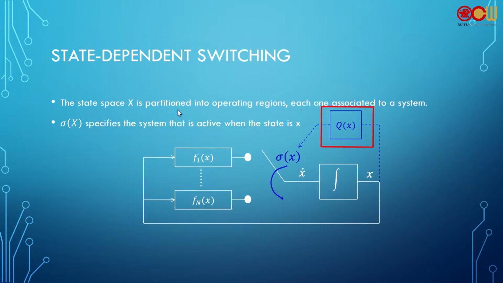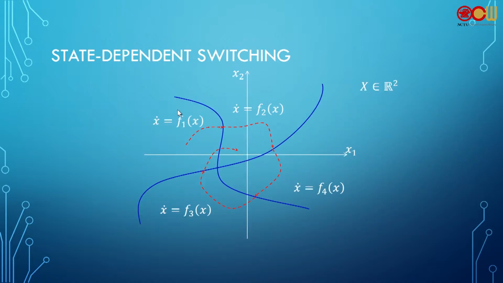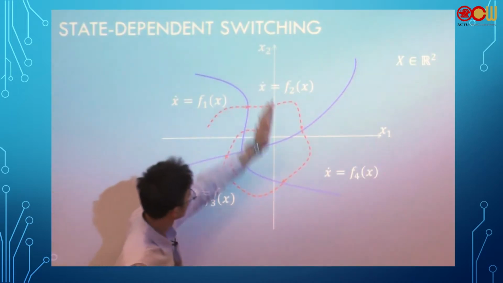There are some rules. Here is state dependence region. So the decision making of this sigma of x can be determined by a function of states, which is why we call it state dependence region. If you have four systems F1 to F4, and you define some state dependence regions, which are these blue lines, that means that, this is a phase portrait, right?